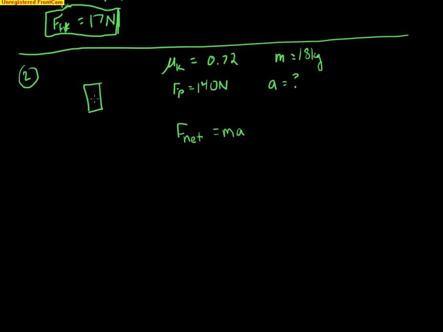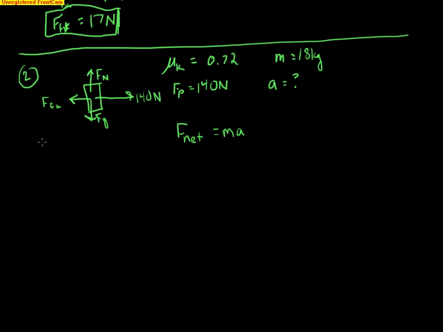So let's say we're pushing this way. That's 140 newtons. Okay, if we want to get this to accelerate, if we're assuming that there is acceleration, then that means our friction force is going to be smaller than that. And then of course we also have the force of gravity balanced by the normal force.